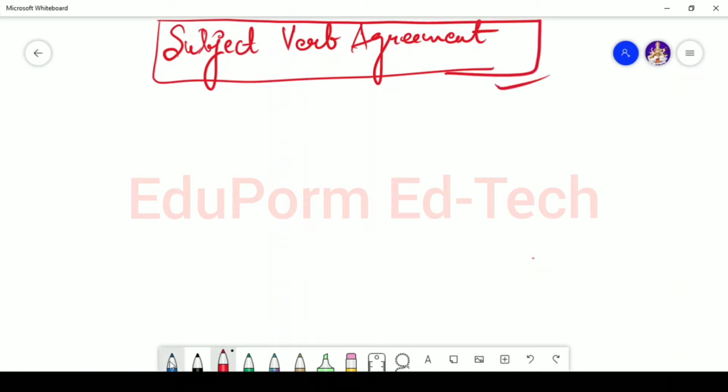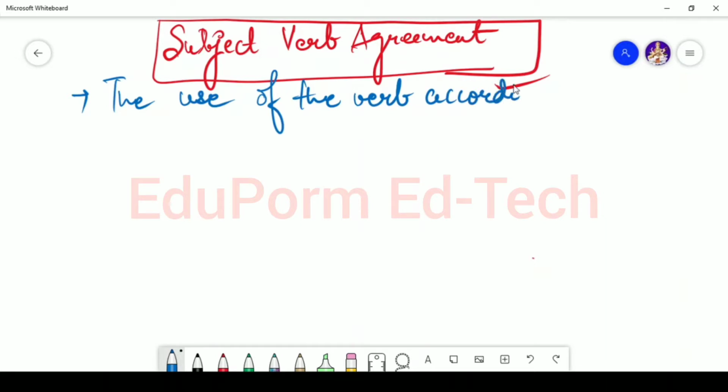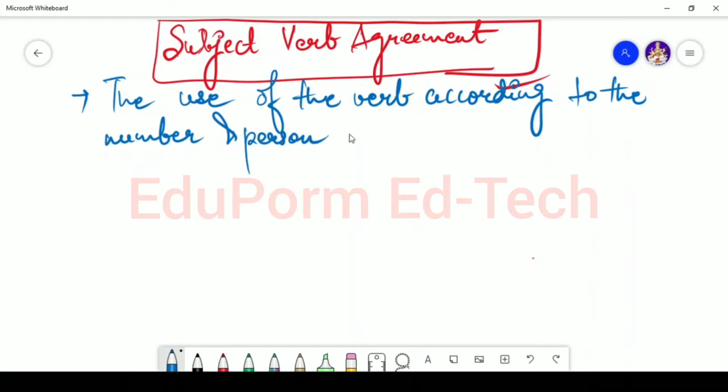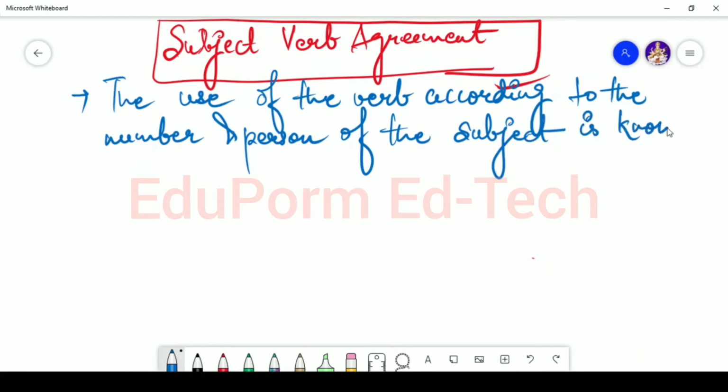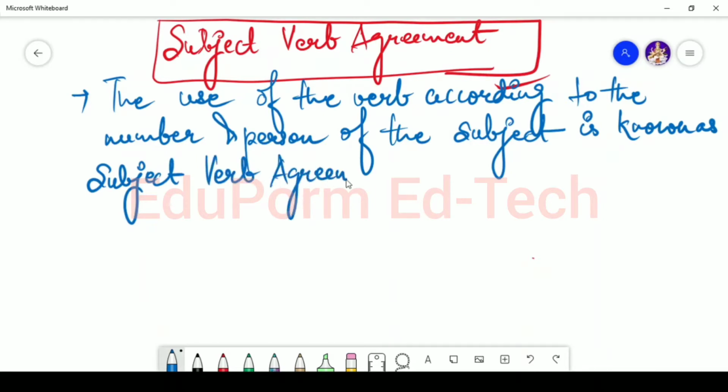Okay. So here what basically happens is that the use of the verb according to the number and the person of the subject is known as subject verb agreement.